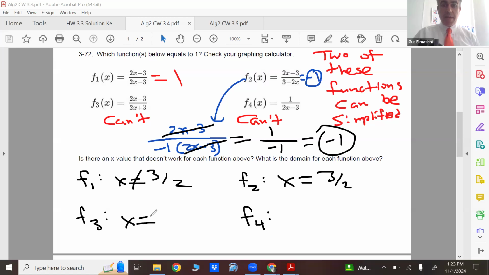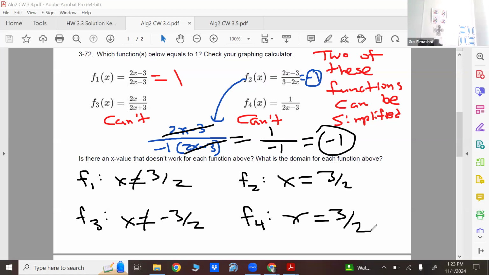X cannot equal -3/2. Then X cannot equal 3/2. Hopefully that makes sense. Because think about it, if I plug 3/2 into this one, that's 0. That's 0. That's 0. Of course, this one's a little different because X plus 3 is -3/2. So I'm okay if you just say that. Just tell me what's excluded. You don't have to actually write the domain. Just tell me what you have to leave out. Because you can't divide by 0.